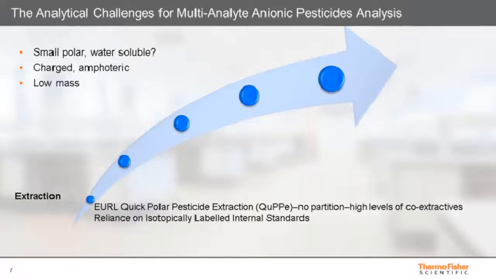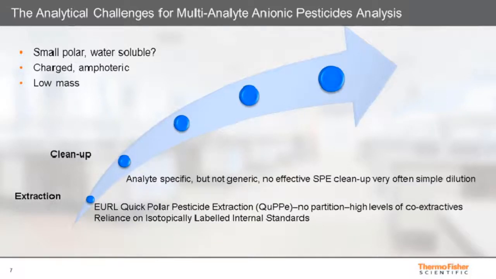Very simple cleanup is performed to remove co-extractives. This is, however, very specific to the commodity and analyte to be removed. The lack of a generic cleanup makes dilution the only strategy that can be generally applied to all commodities.